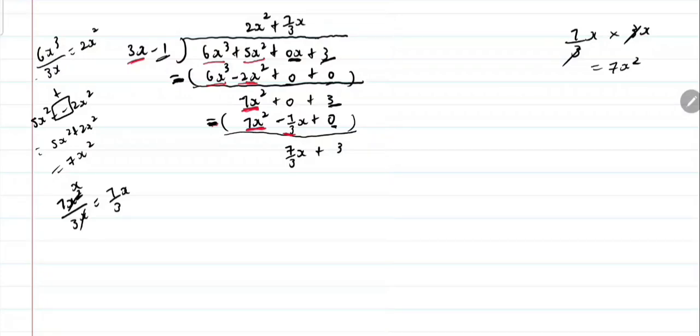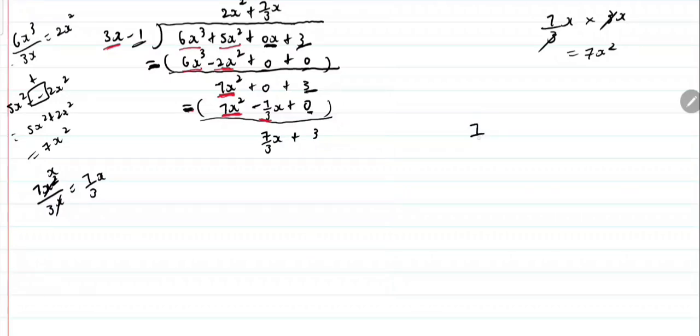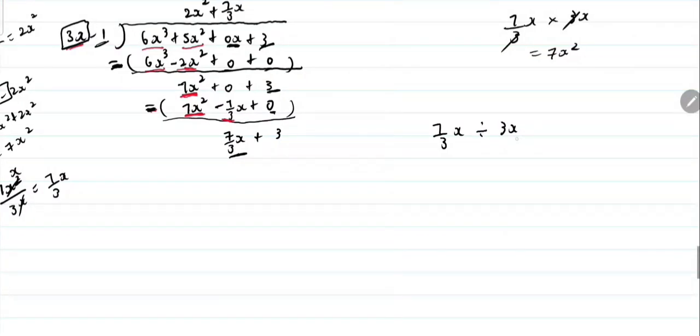Now what do I do now? Again, I divide. Cycle starts back. Alright. 7 upon 3x divided by 3x. Alright? Divided by 3x. Let's see what we get.